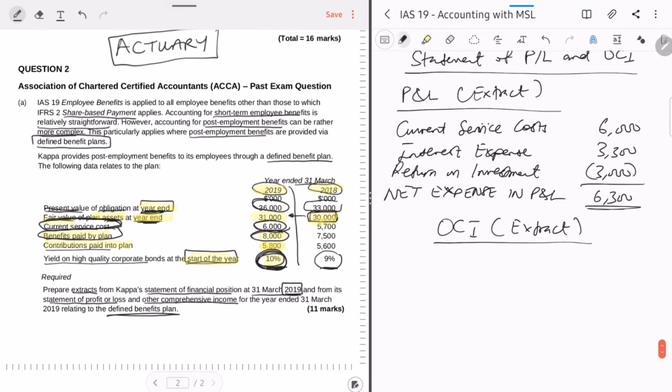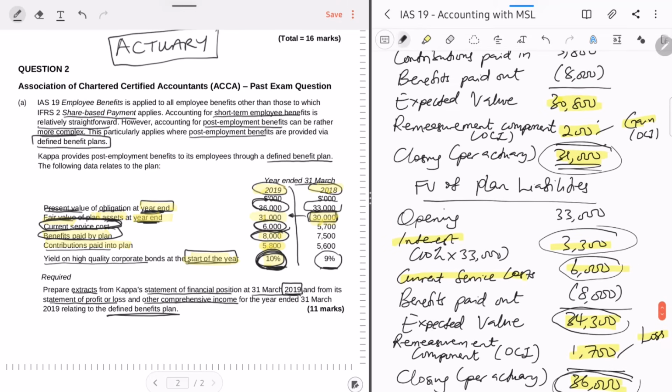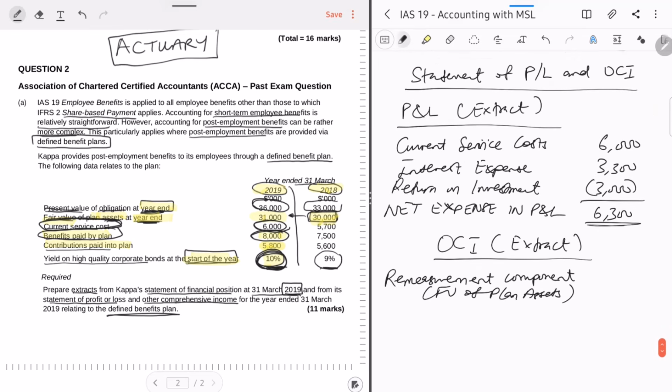So we say remeasurement component from the fair value of plan assets. We got a gain of 200 here. So that will be here.